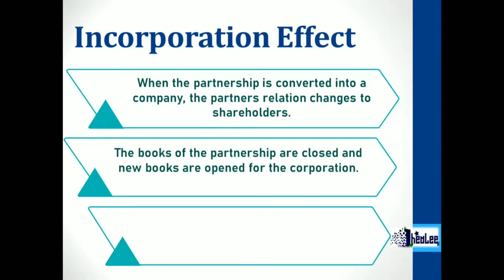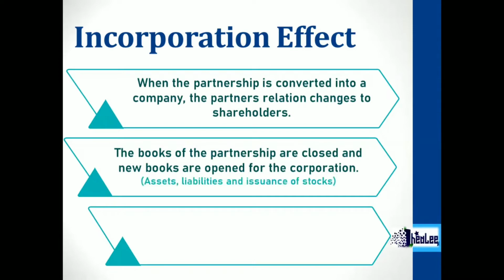The books of the partnership are closed and new books are opened for the corporation. So whatever was in the partnership books, those are closed. Whatever assets and liabilities are within that business, those are closed.